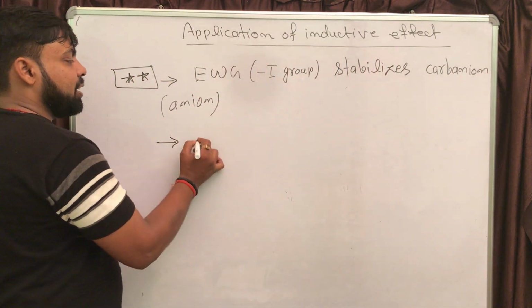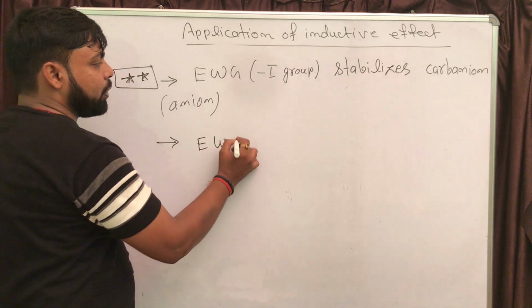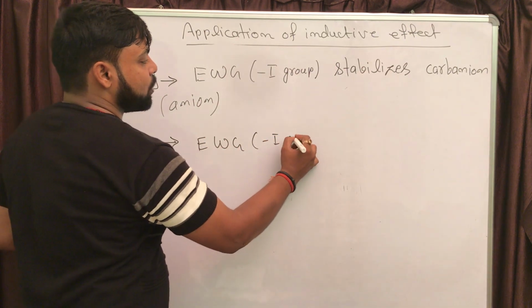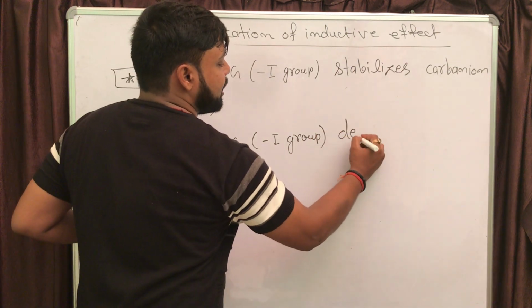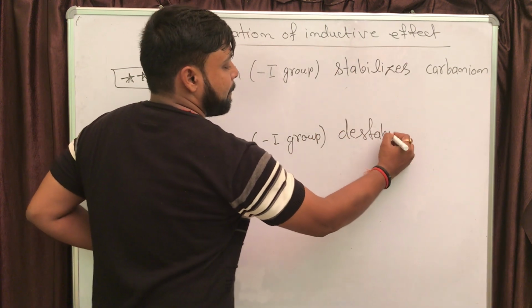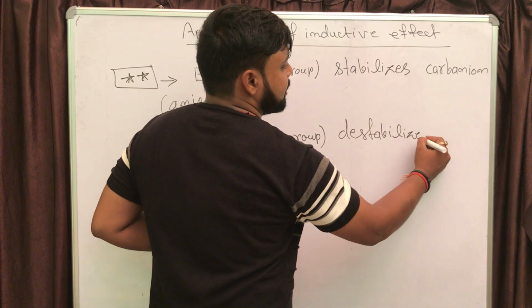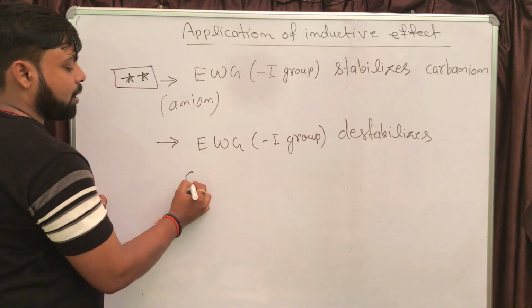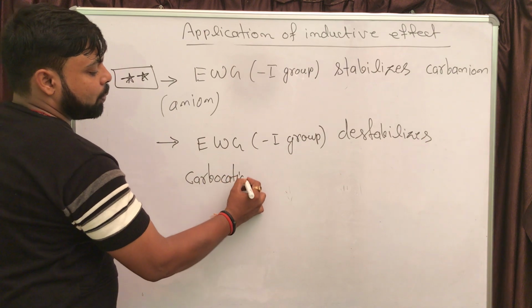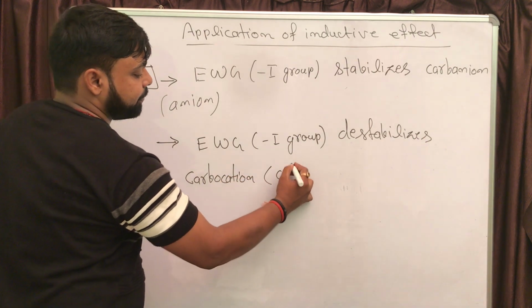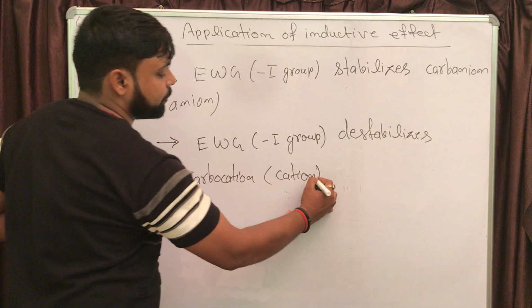Next point is electron withdrawing group, that is minus I group, destabilizes carbocation or cation, any other cation also.